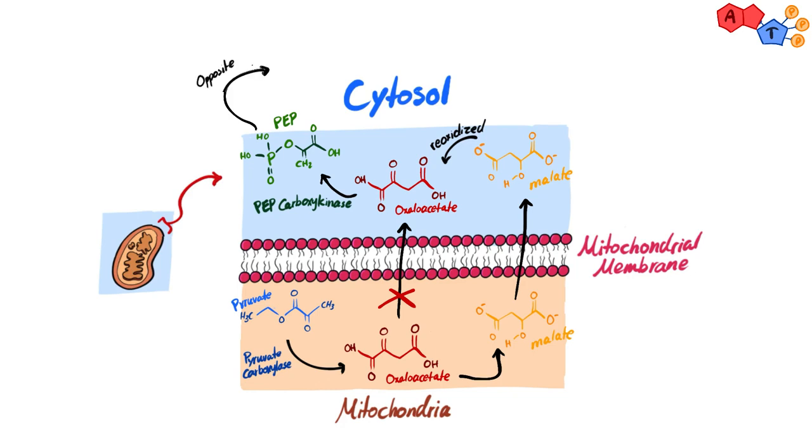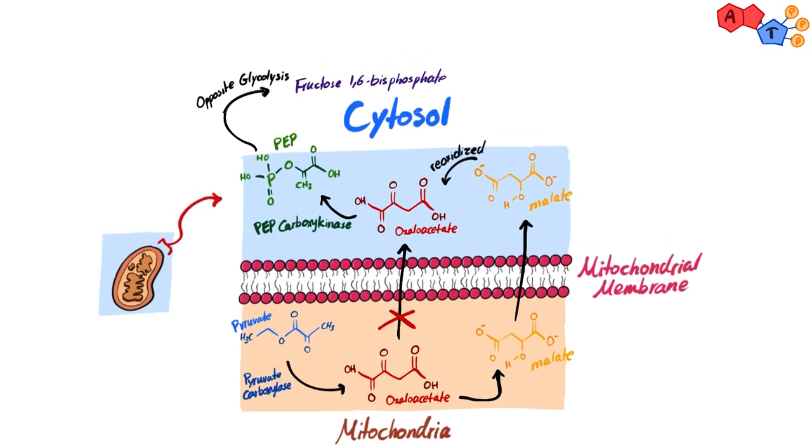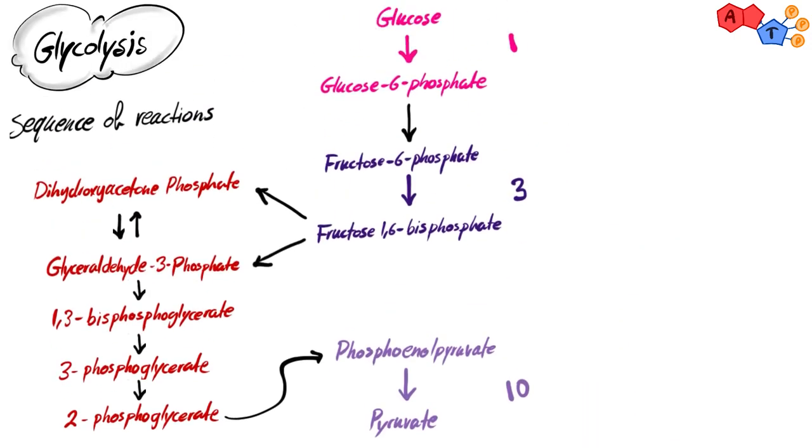PEP is then acted on by the reactions of glycolysis, going in the opposite direction until it becomes fructose 1,6-bisphosphate. We've now reached the second roadblock in the pathway, step 3 of glycolysis, also known as the phosphorylation of fructose 6-phosphate into fructose 1,6-bisphosphate, basically just adding another phosphate to the molecule.